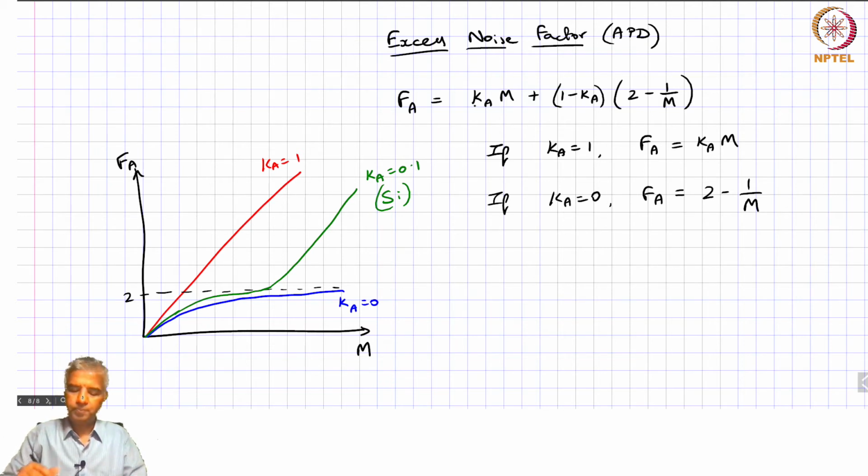Okay. So that is to tell that, if you want to use an APD, you probably want to use it up to this value of m, beyond which there's really no point. Okay.